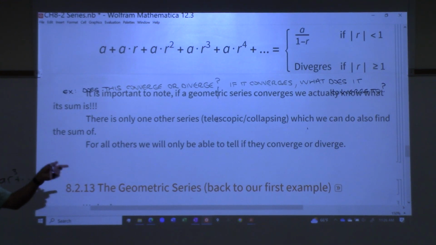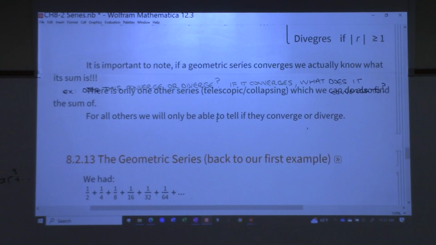Geometric, and then another type that we're going to study hopefully today called telescoping. Other than that, all we can ever do with series is say whether or not they converge or diverge. That's it. It's a harder question in general to find the actual sum of a convergent series, just generally speaking.